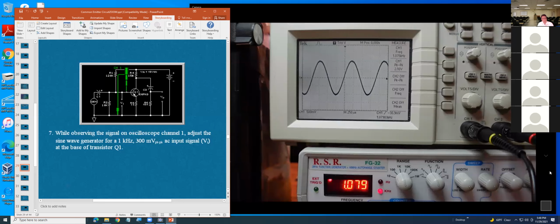What can we do? Go to the attenuator. You can use the attenuator, you can pull out the amplitude switch and that will reduce it. You can get 300 millivolts just by pulling out the amplitude.